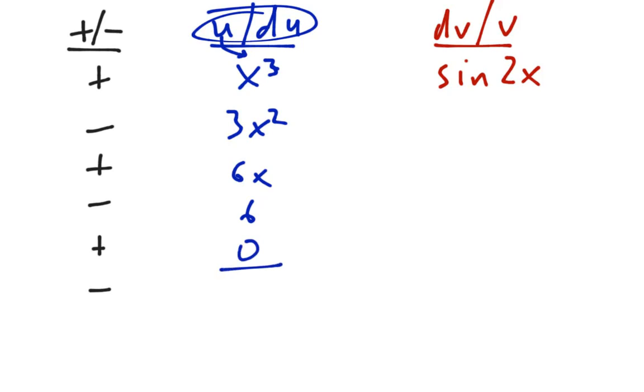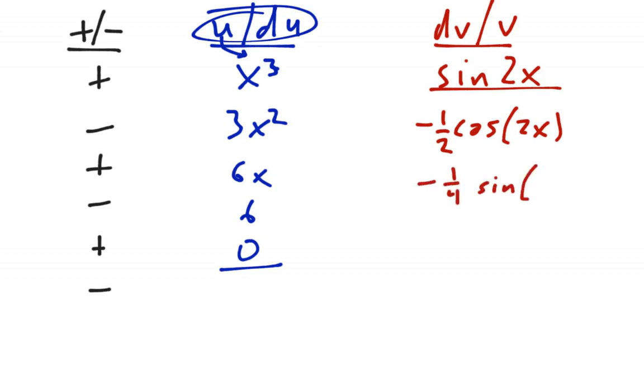Done. On the other side, we're going to integrate these. So the integral of sine of 2x is negative cosine of 2x, but there's a mini u substitution here, and so you get a 1/2 coming out. You can think reverse chain rule. Do it again. We're going to get negative 1/4 of sine of 2x. Do it again.